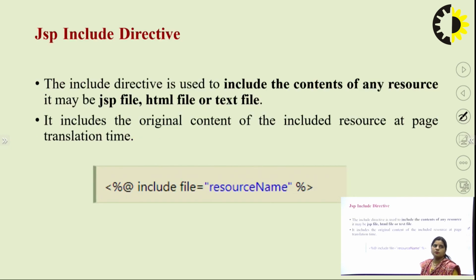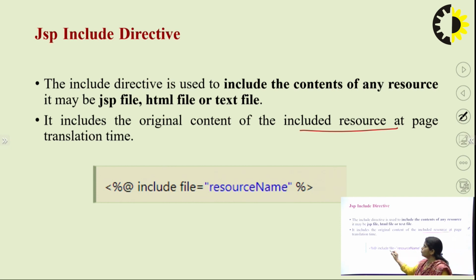Now the next one is the JSP include directive. Basically this directive is used to include the contents or responses of any resources. It may be a JSP file, HTML, or a text file. It includes the original content of the included resources at the page translation time.